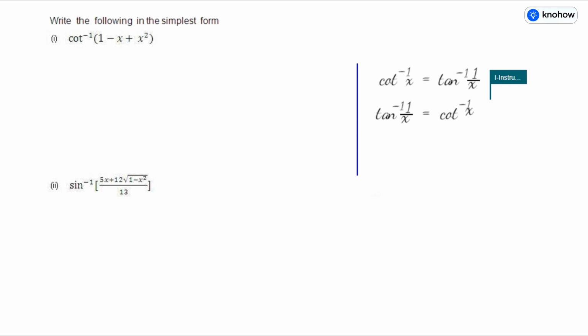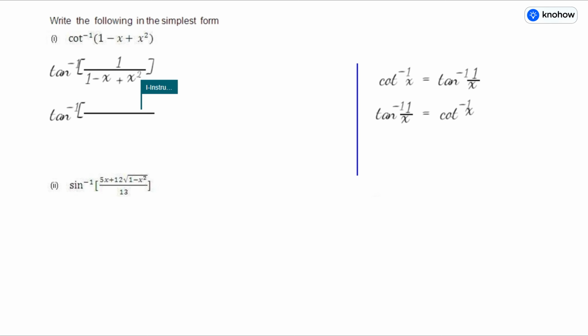So cot inverse of this expression may be written as tan inverse of 1 upon 1 minus x plus x square. And now look at the denominator. If I take a negative sign common here, rather negative x, what do you get?